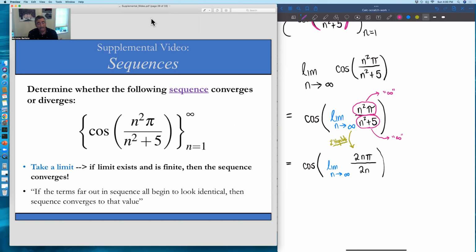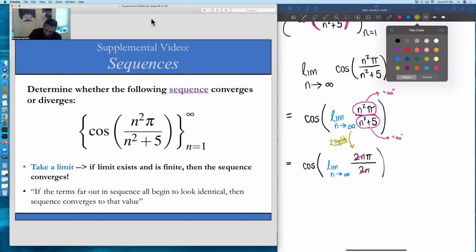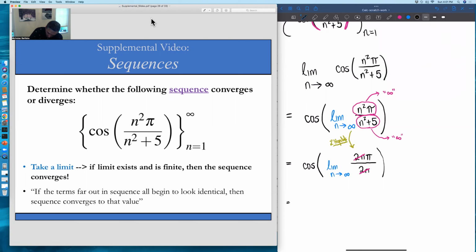All right, so now let's reevaluate what we have here. Before we proceed any further with this limit, we can see we're going to get some cancellations. The two n's cancel out in the numerator and denominator. So really what we have left over in this problem is the cosine of the limit as n goes to infinity of just the number pi.